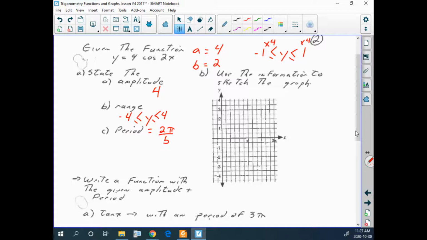What is our horizontal stretch in this case? 2 or 1/2? 1/2, right? So that's where I get this from. It's either 2 pi over 2, or we can calculate it by 2 pi multiplying by the stretch of 1/2. In both cases, you get a value of pi. Now this is cosine.